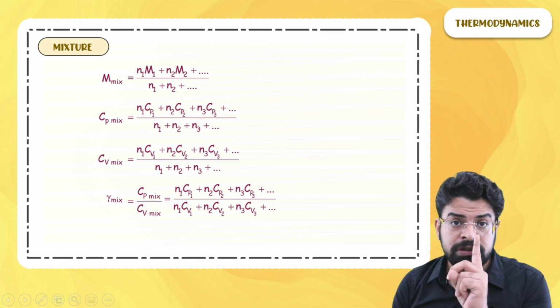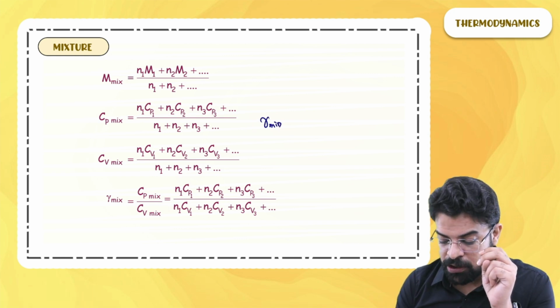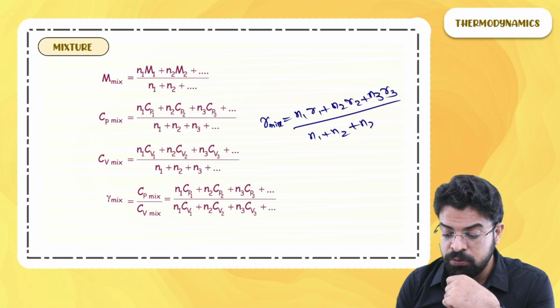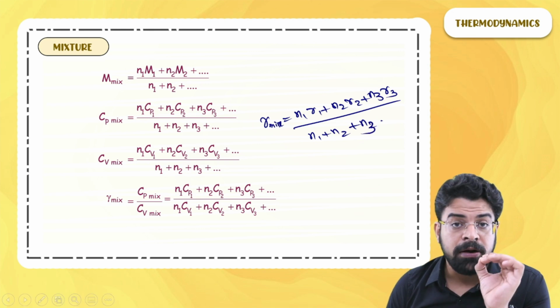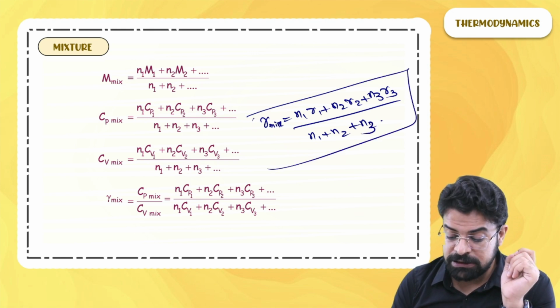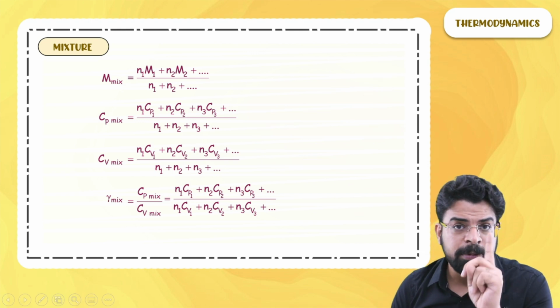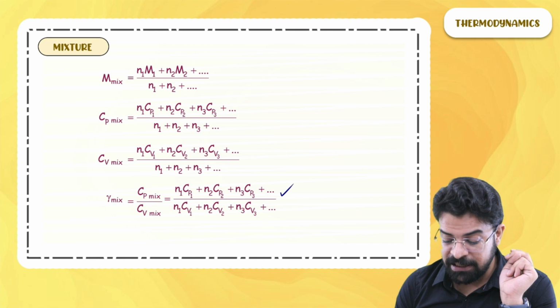Do not make this mistake of writing gamma mixture as N1 gamma 1 plus N2 gamma 2 plus N3 gamma 3 and so on. Do not do this error. Students many a time use this and get the wrong answer. So how to write gamma mixture? Gamma mixture is Cp mixture upon Cv mixture. That is written this way.